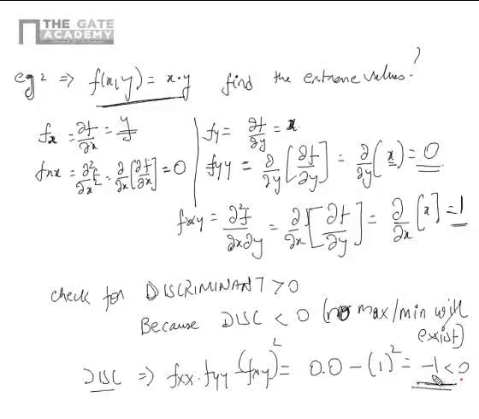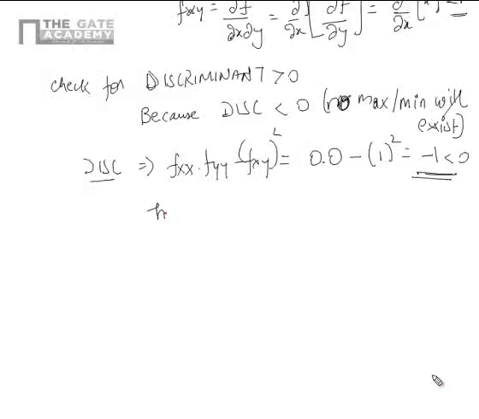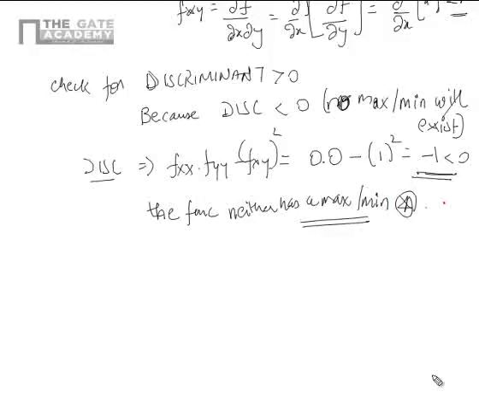So discriminant less than 0 means the function has neither a maxima nor a minima. This is very important. We will get this type of points called saddle points. Correct?